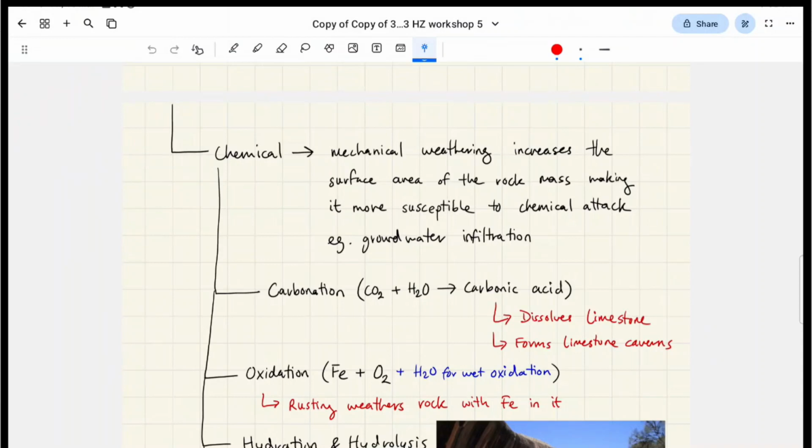And chemical attack on rock, or chemical weathering, will be accelerated when there's more surface area, right? So, for example, due to groundwater infiltration, it's going to be accelerated due to the mechanical weathering.